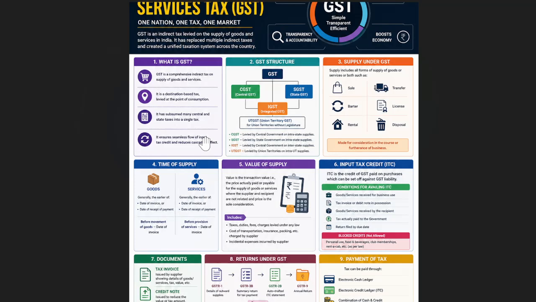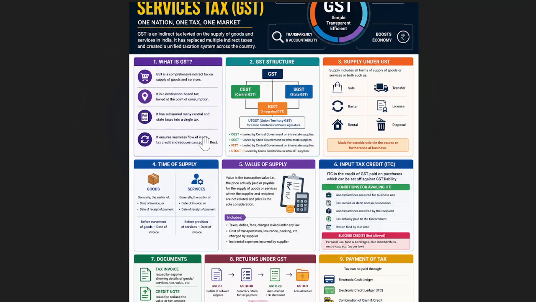First point is what is GST? You have to remember GST is a comprehensive indirect tax on the supply of goods and services. It is a destination based tax levied at the point of consumption. It has merged many central and state taxes into a single tax.